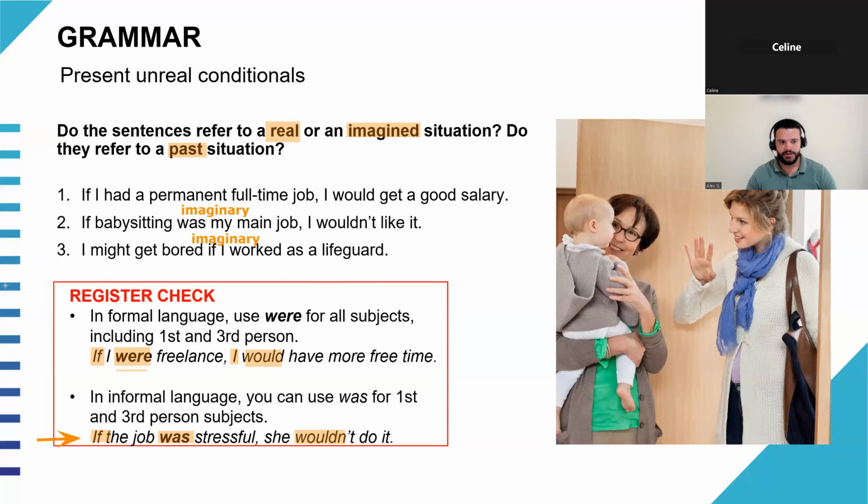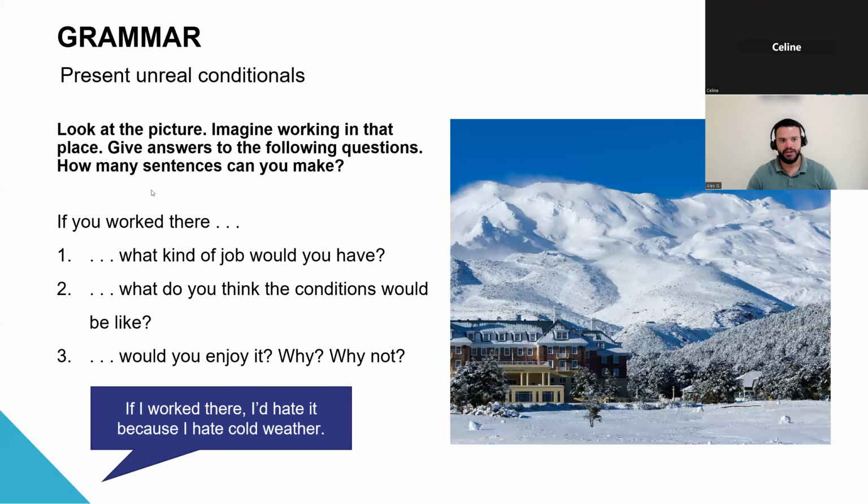Celine, you're welcome. Let's erase and let's practice. So here we have a little bit of practice. What are the instructions here, Celine? Go ahead and read the instructions. Look at the picture. Imagine working in that place. Give answers to the following questions.